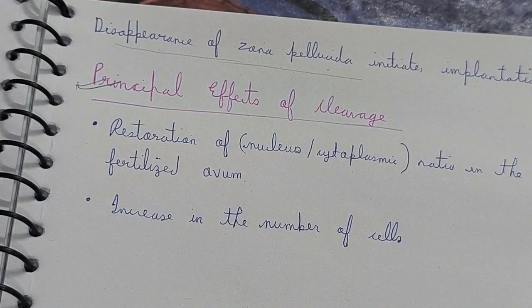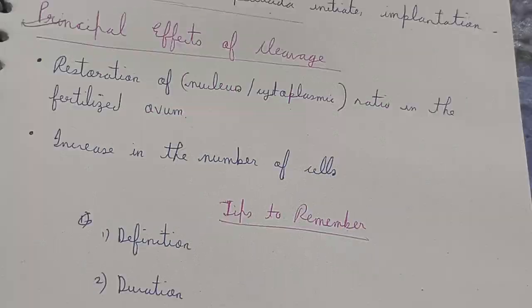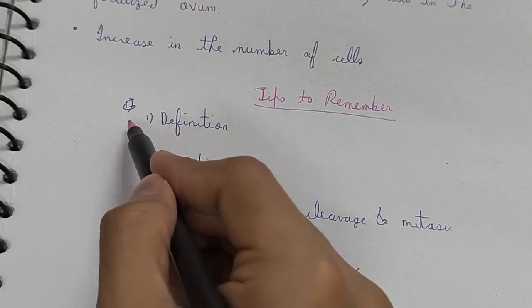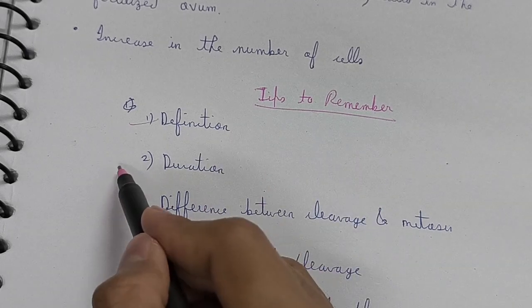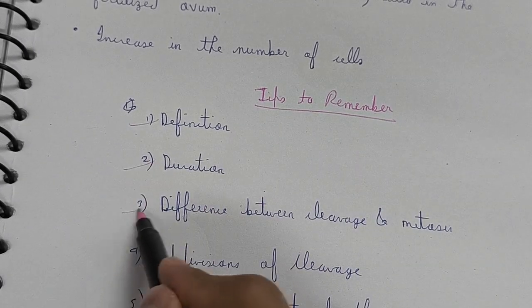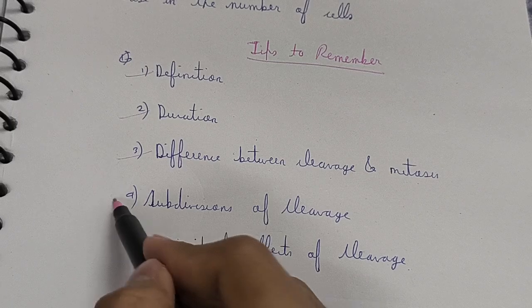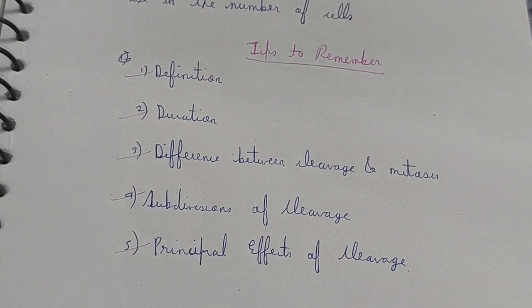If you write in this way, you will get good marks in your exam, and it will also become very easy to remember the concept of cleavage. So remember: definition of cleavage, duration of cleavage, difference between cleavage and mitosis, subdivisions of cleavage, and principal effects of cleavage.